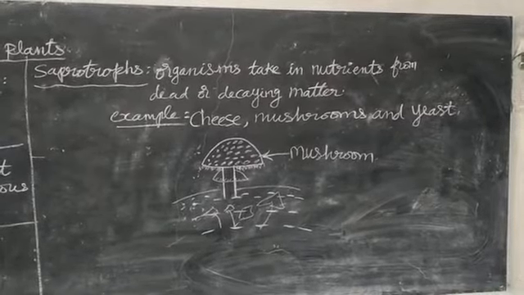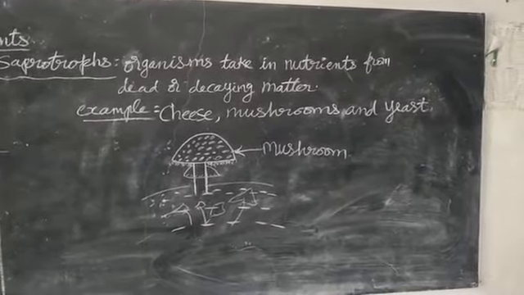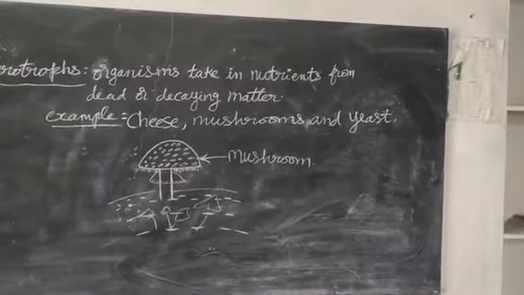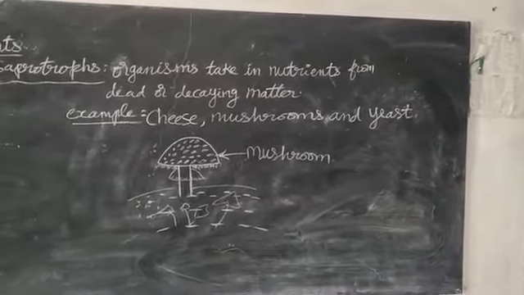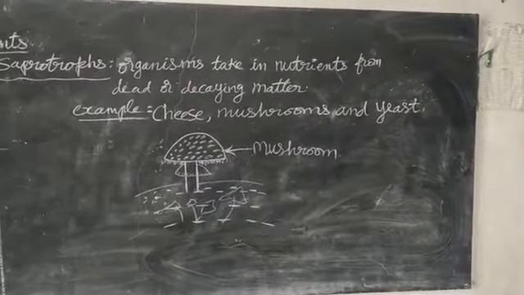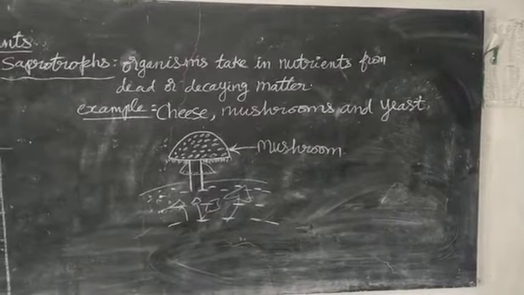Examples here: cheese, mushroom, understood, and yeast. There are useful fungi also. Example, mushroom, cheese also. Cheese means in Kannada they will say ginna. Cheese, it is also fit for eating. It is very tasty, cheese.